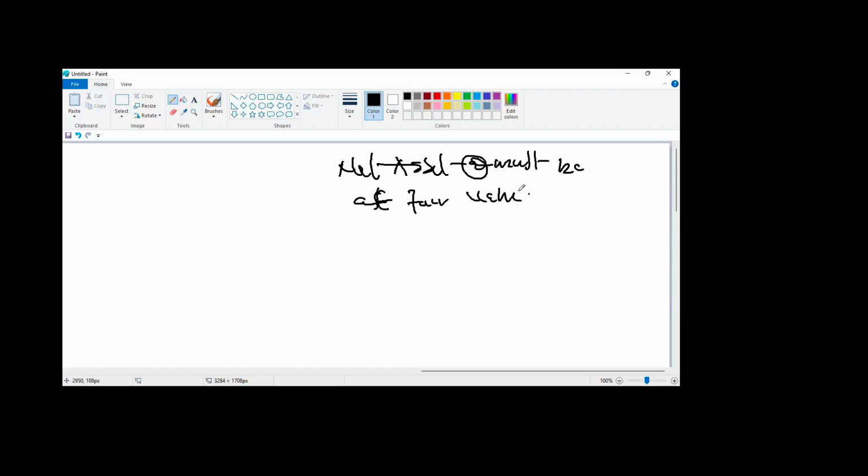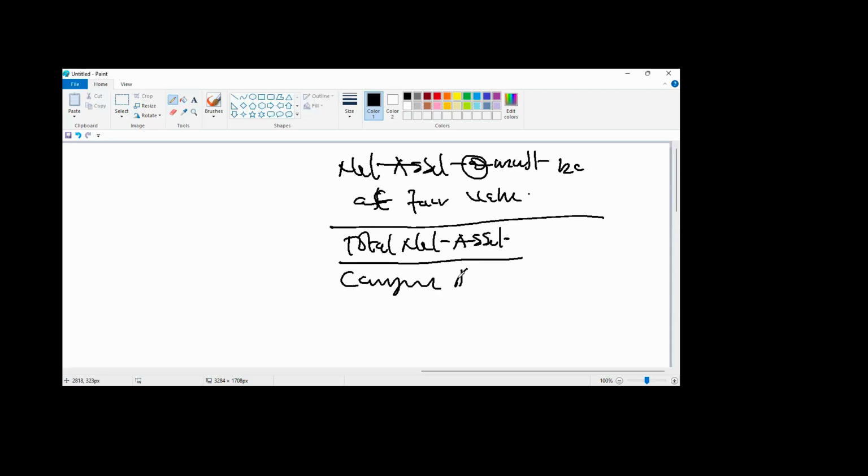So total net asset now, carrying amount, which is 60 million.